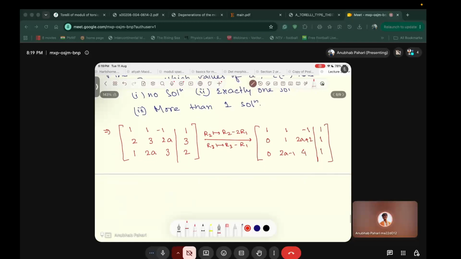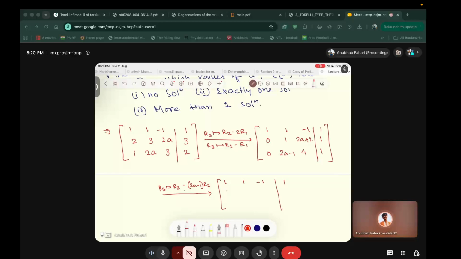And then for the third one, if you replace R3 with R3 minus 2a minus 1 times R2, then the first row is unchanged, 1 1 minus 1 1.